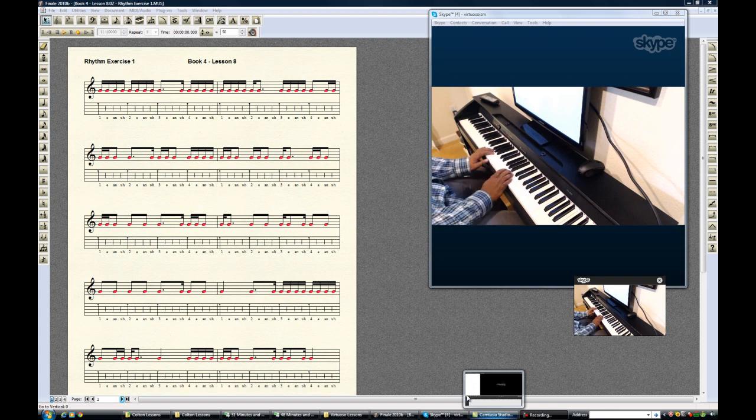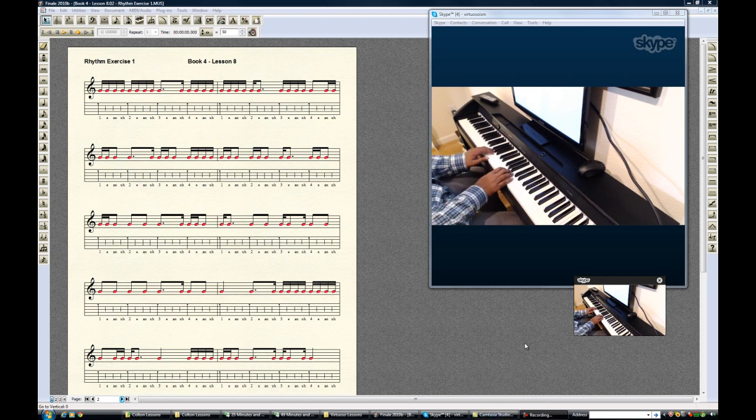The new rhythmic concept in this lesson is the dotted eighth note. Based on what you've had before, how many sixteenths is a dotted eighth note? 3. Absolutely.